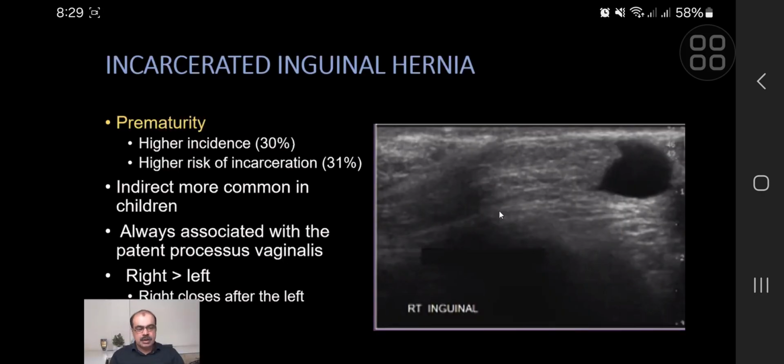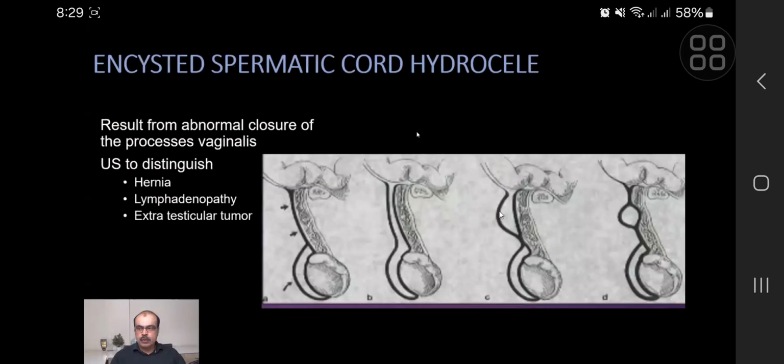It more commonly occurs on the right inguinal region than the left, because the right inguinal canal closes after the left, so you are more likely to see right inguinal hernias in a pediatric population. Moving to the next one, it's the encysted spermatic cord hydrocele.